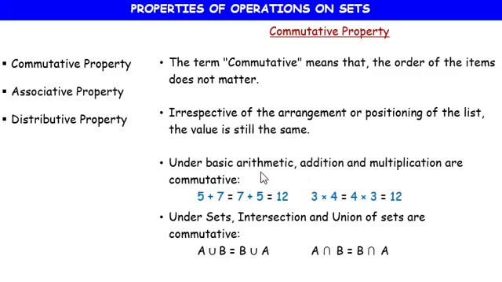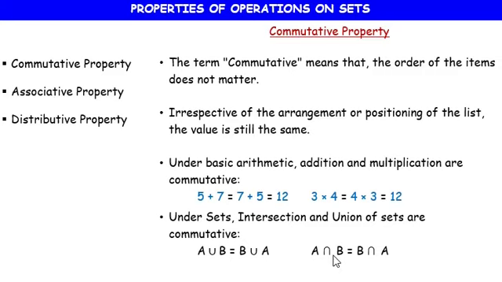So under basic arithmetic, addition and multiplication are commutative. Now under sets, intersection and union of sets are commutative, meaning that A union B is the same as B union A. So although I have interchanged the positions of A and B, it doesn't make any difference, right? The same applies to intersection.